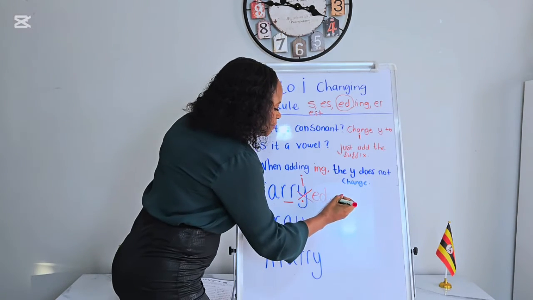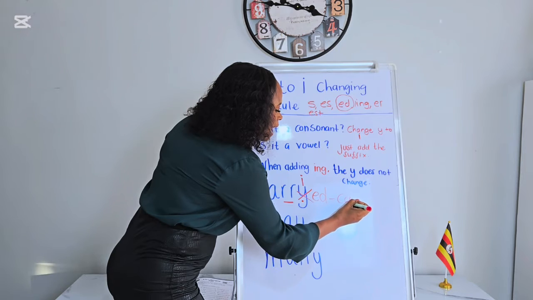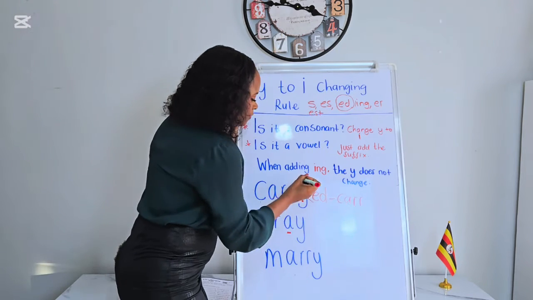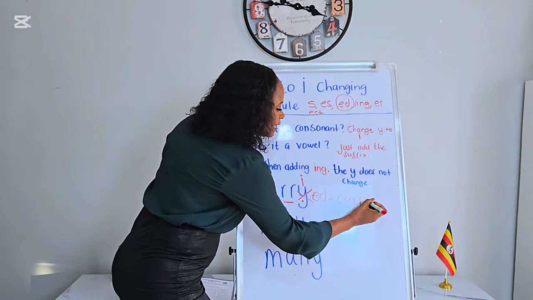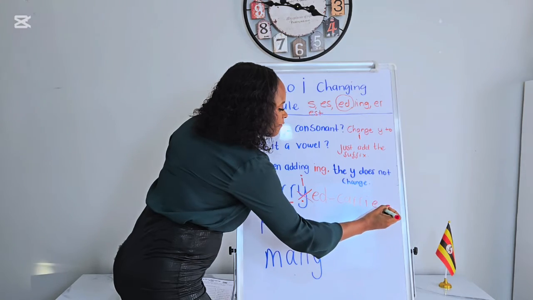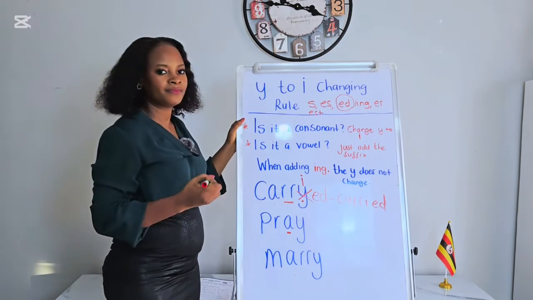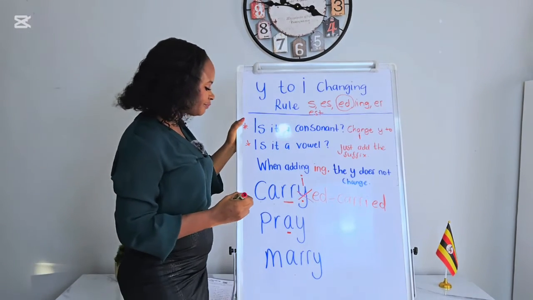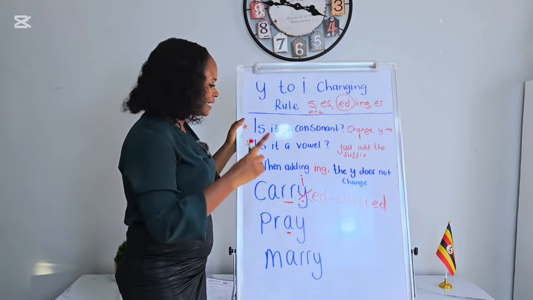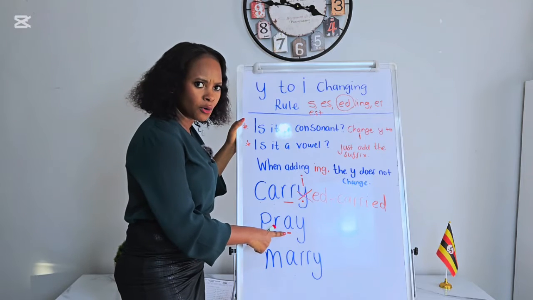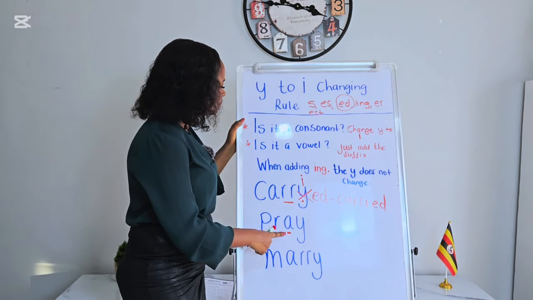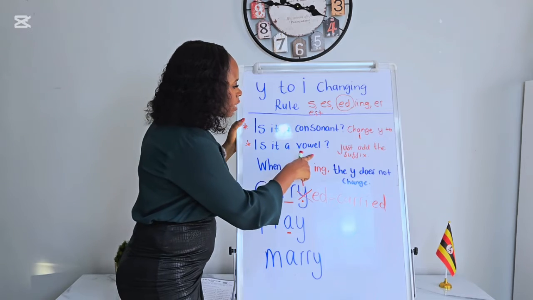What will our new word be? K, A, R. The Y has been changed to I and then add the suffix ED. Great. Okay. What happens if the letter before Y is a vowel? Is it a vowel?